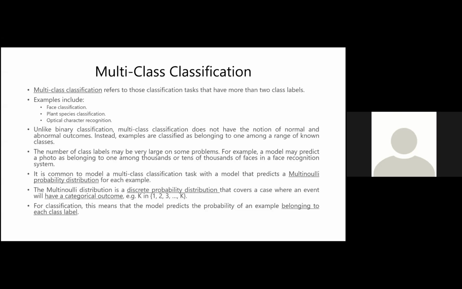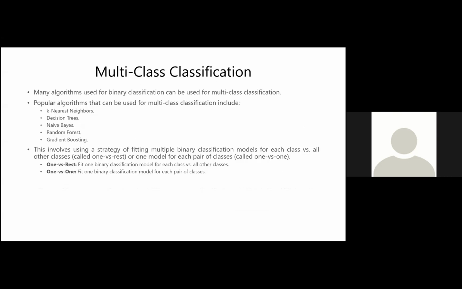In this classification, the model predicts the probability of an example from the test set belonging to multiple class labels. Some popular multi-class classification techniques are KNN, decision trees, naive Bayes, and so on. It also involves a strategy of fitting multiple binary classification models for each class versus others.